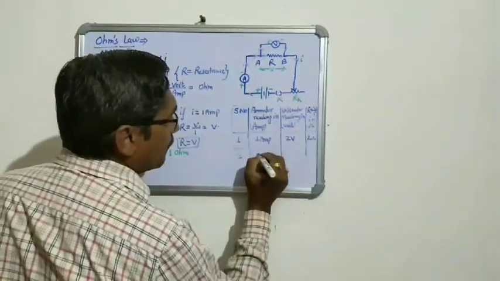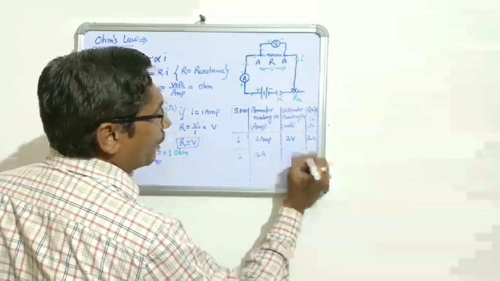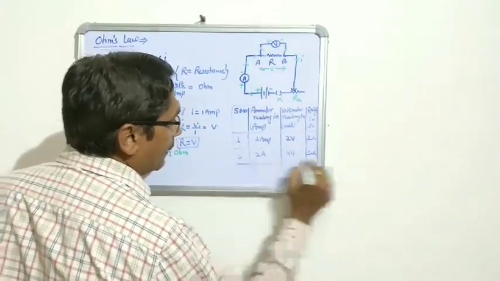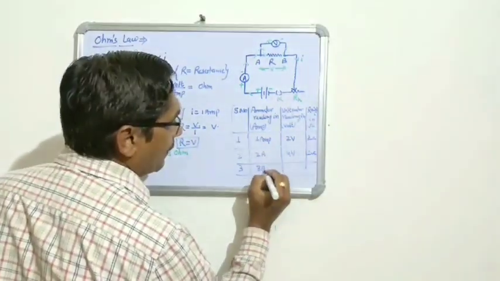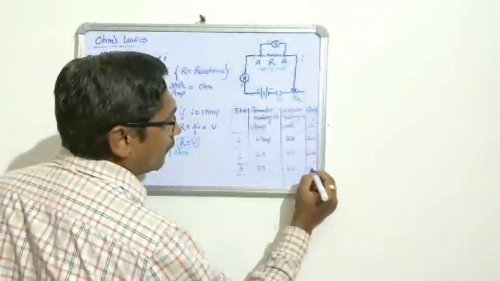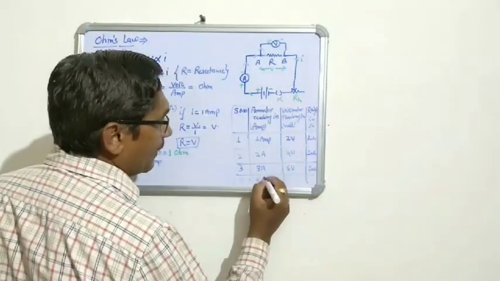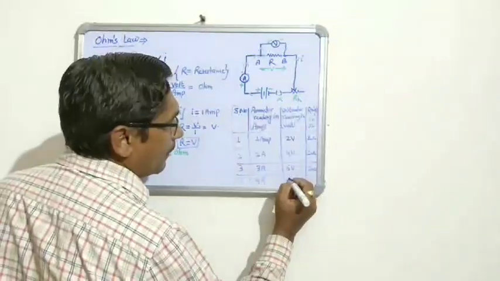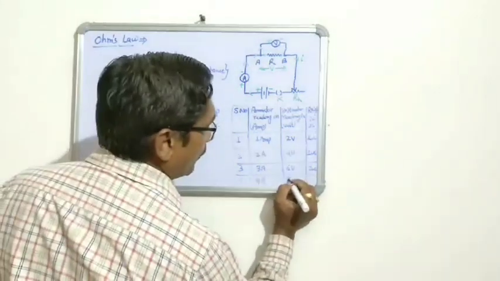Second observation, when we pass 2 ampere current, the reading of voltmeter is 4 volt. Then V by I equals 2 ohm. Third observation, 3 ampere current, then it is 6 volt. So it is also 2 ohm. Fourth, 4 ampere, then it is 8 volt.